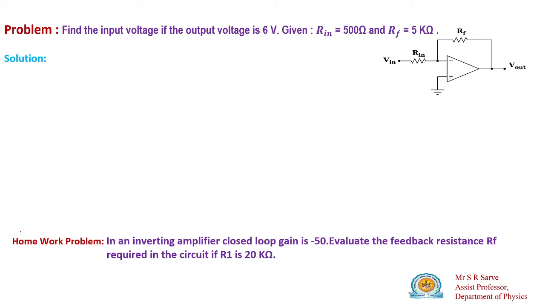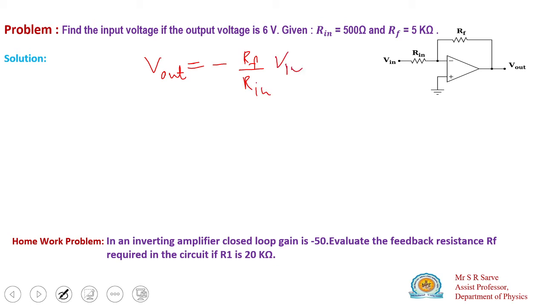Okay, so first write down the equation. So what is the equation for the output voltage? The V output is equal to minus Rf divided by R input into the input voltage, right? So first, what are the given quantities here? What is the feedback resistance? Feedback resistance is equal to 5 kilo ohm.